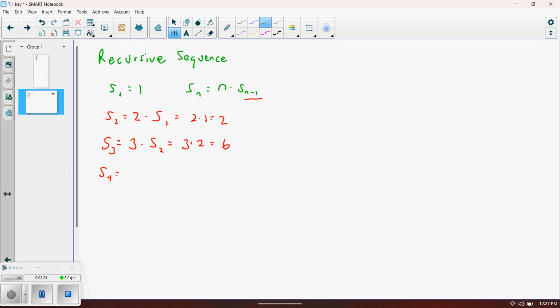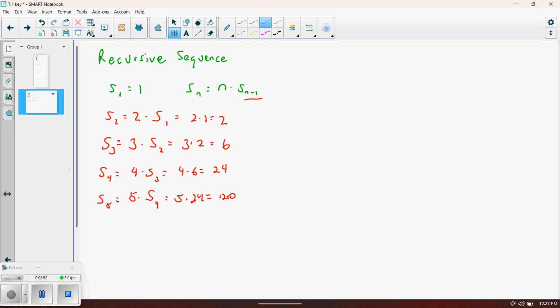S sub 4 then is going to be 4 times s sub 3, which is 4 times 6, which is 24, and then maybe s sub 5, which would be 5 times s sub 4, or 5 times 24, which is 120.